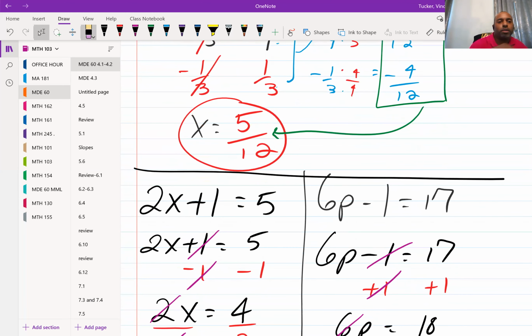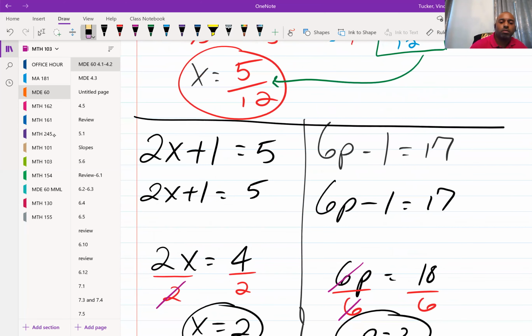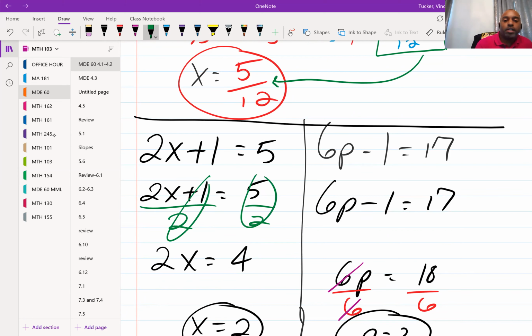All right, I'm going to erase some of this stuff. All right, so this first one, we have 2x plus 1 equal to 5. So now we have more than one operation being applied to our variable. So we're going to have to do more than one thing in order to get it by itself. Now, we could, if we wanted, divide both sides by 2, but then that's going to create fractions unnecessarily.